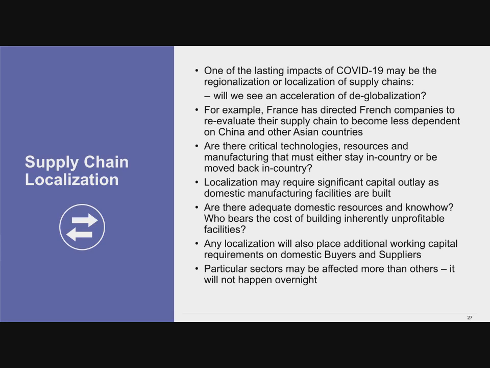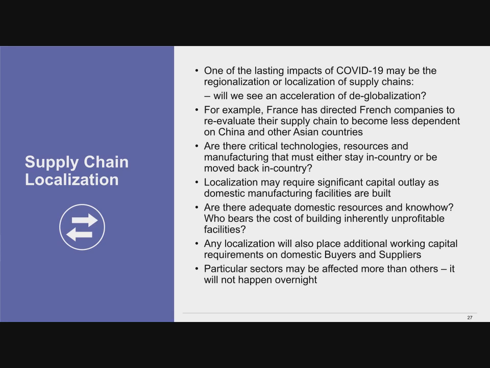There's been recent discussion in the White House about whether U.S. companies or the U.S. supply chain should be redirected towards U.S. manufacturers. They've openly asked, are there critical technologies, resources, and manufacturing that must either stay in country or be moved back in country?